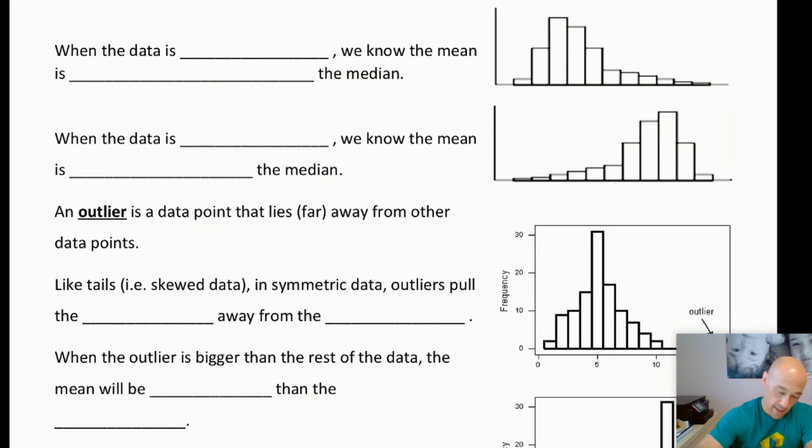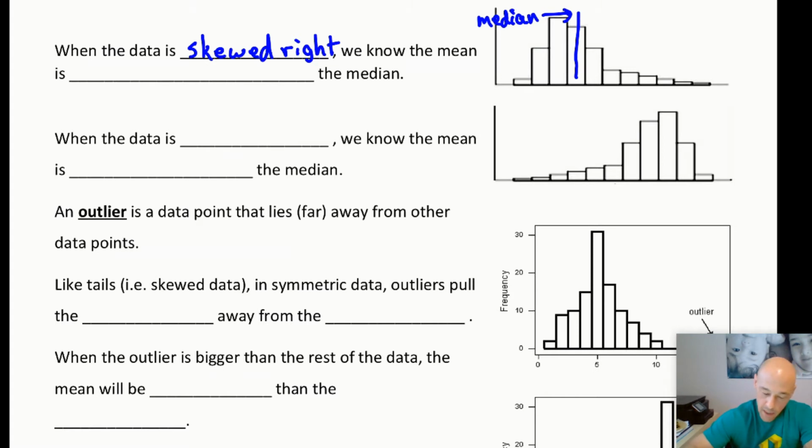Now here, this data with this long tail out to the right, we say that data is skewed right. So when the data is skewed right, we know the mean is something the median. Well, if I think about 50% of the data, right about there looks to be the median to me.